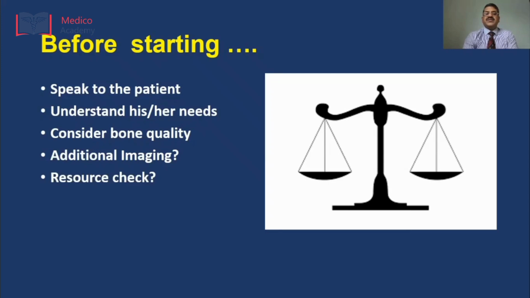Do a resource check. Do you have all the resources required to treat that particular fracture? For example, a complete inventory of plates. Do the finances justify the treatment method that you are planning to use? Do you have the required skill set to carry out the treatment plan that you have chosen?